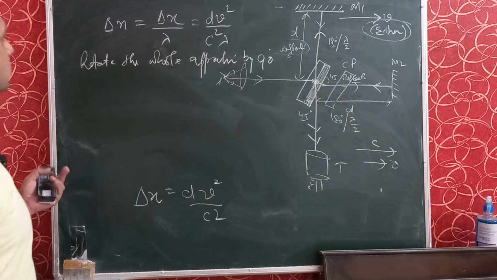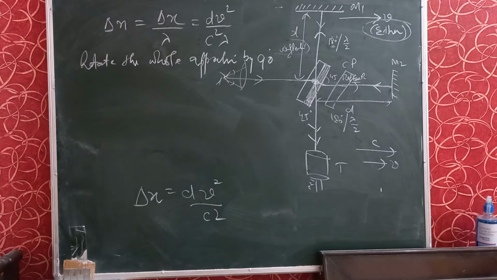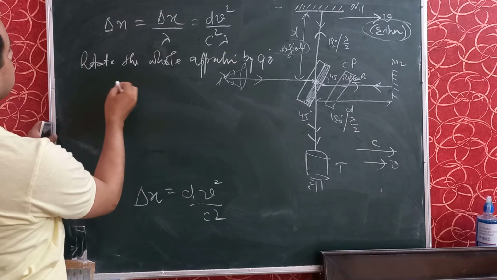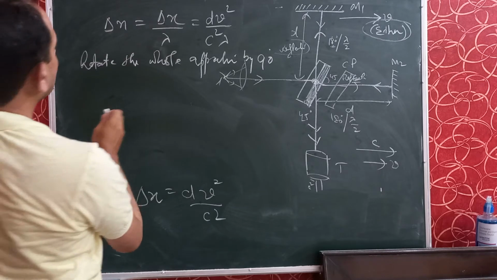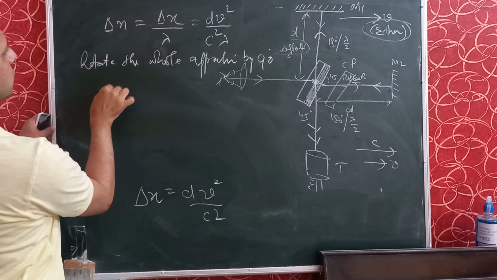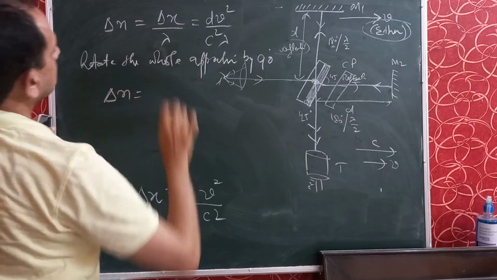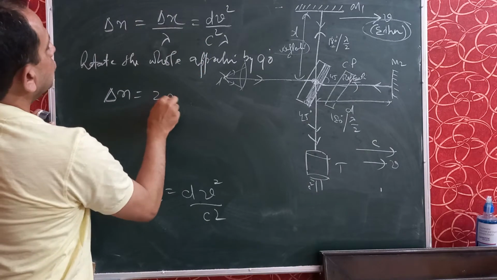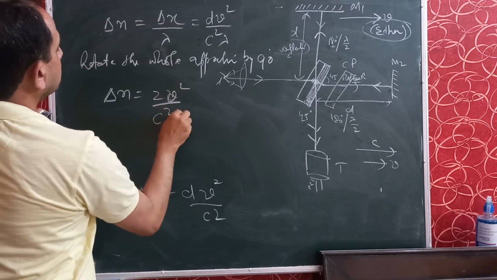But after rotating the whole apparatus by 90 degrees, again the same result will be obtained. The same result is obtained, that is, the fringe shift again remains the same, that is d v square upon c square lambda.